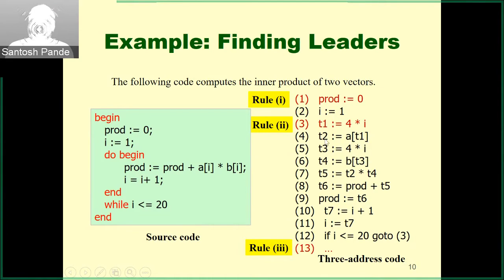So on the left-hand side, we could have reused T1, being clever. But if we had done that, then obviously the value in T1 would have been lost, which is at statement number 3, and would not be available at statement number 5. So that is the reason for not reusing temporaries and trying to recycle temporaries. We keep generating newer temporaries.